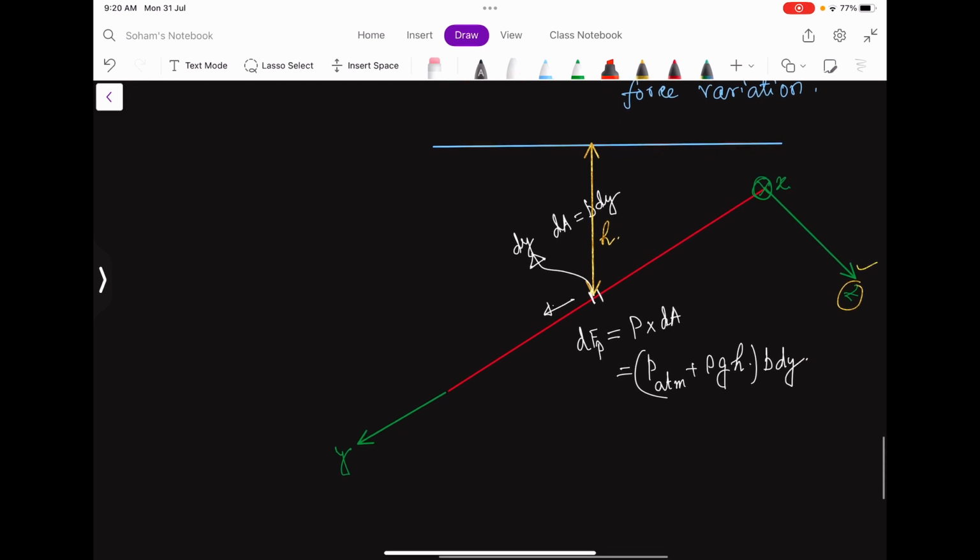Now if I have to calculate the moment of this infinitesimally small force dP about the x-axis, that we write by this one.